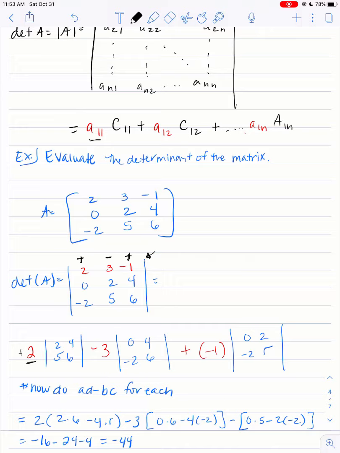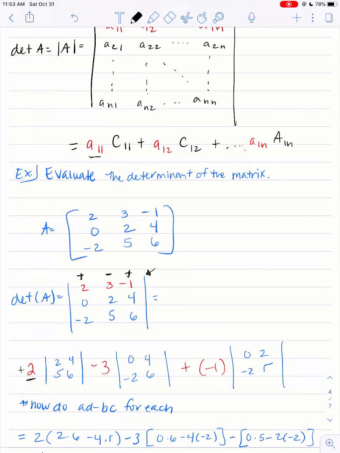So I'm going to just put a plus here because that's my sign. And then now I'm going to find the minor matrix with regard to our element 2. So for 2, I'm going to basically cancel out the row that 2 is in and the column that 2 is in. So if I cover it with my fingers, let's do it like this. Okay, I cover the column 2 is in and the row 2 is in. So that's the matrix I'm left with, 2, 4, 5, 6.